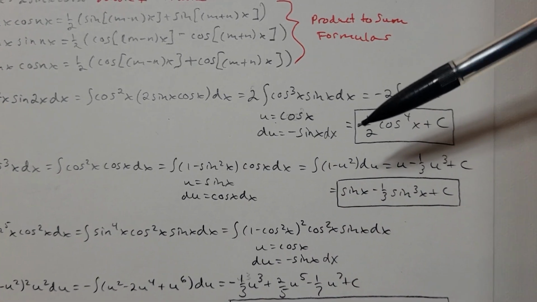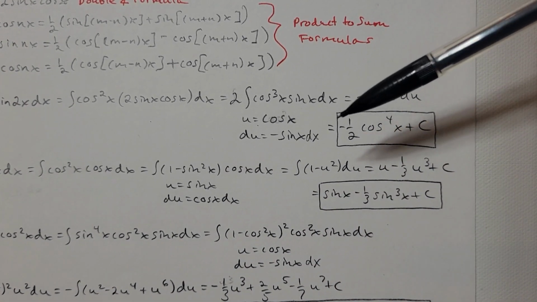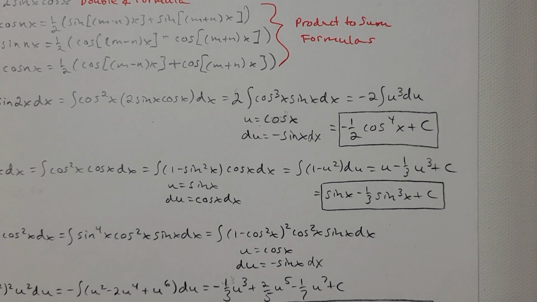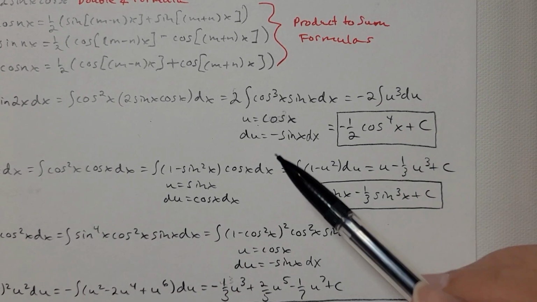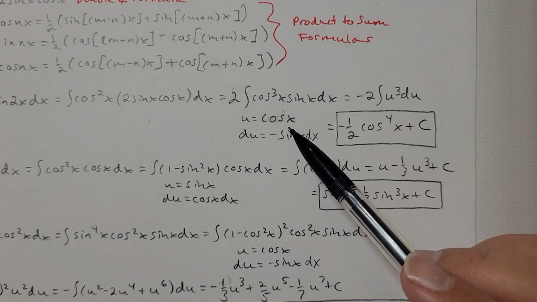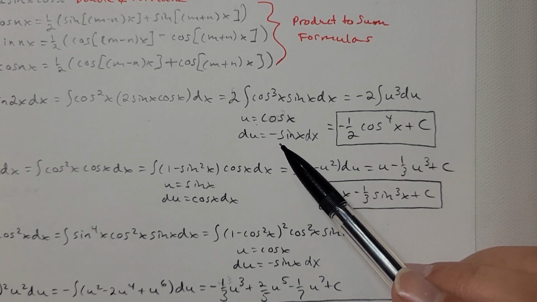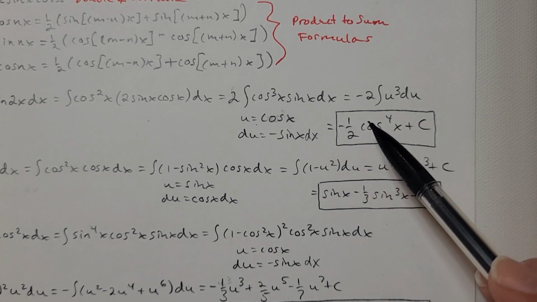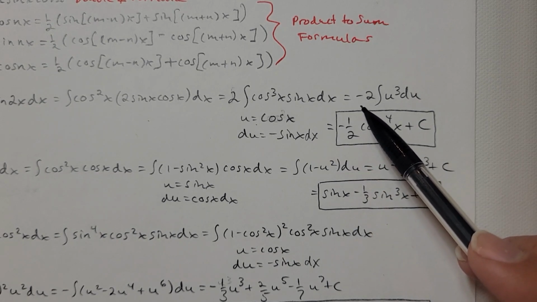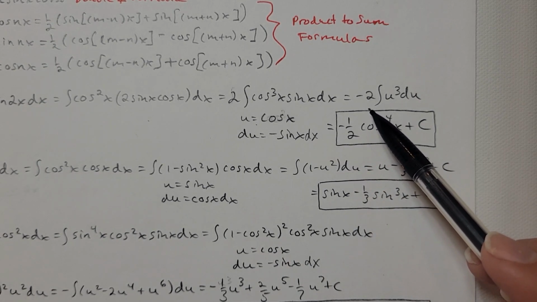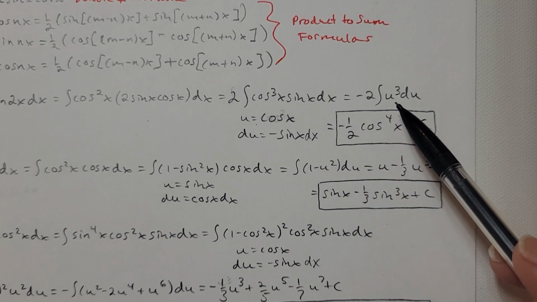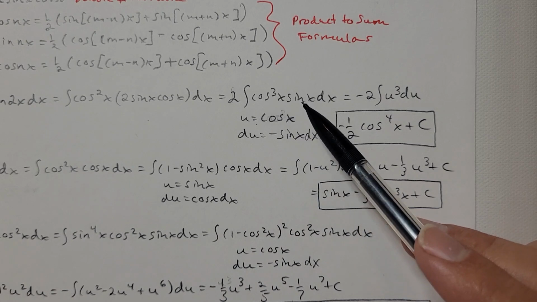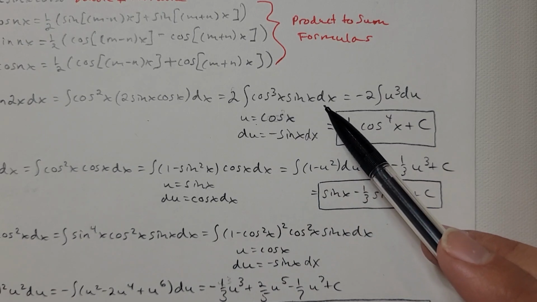Okay, that allows me to make a u substitution here. So if I let u be cosine of x, du is negative sine x dx. So a negative would have to come outside of my new integral involving u. And I'd have negative 2 times the integral of u cubed du.